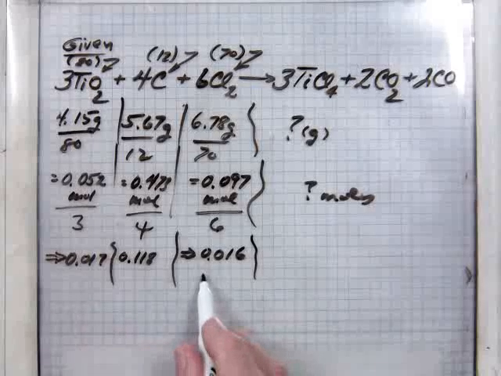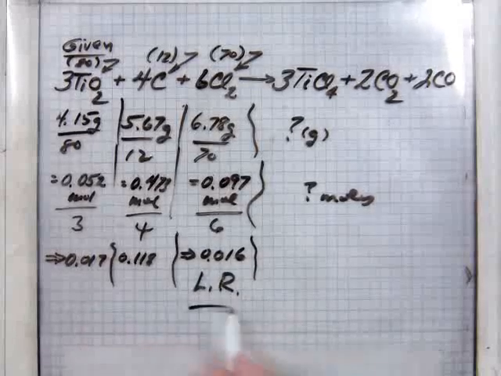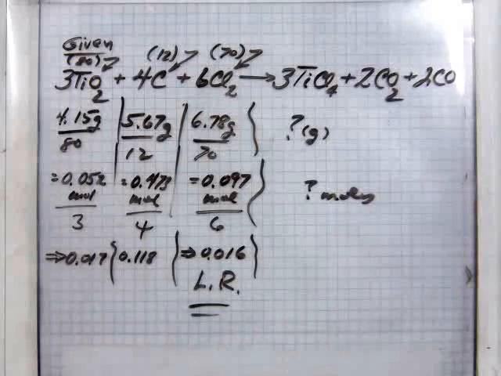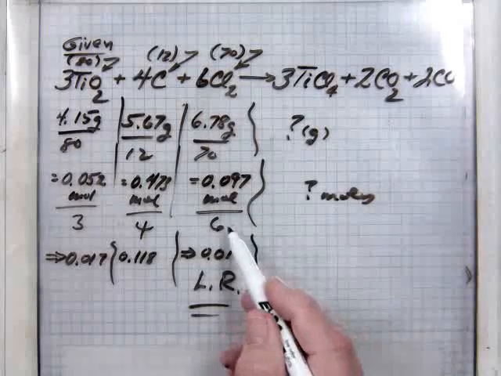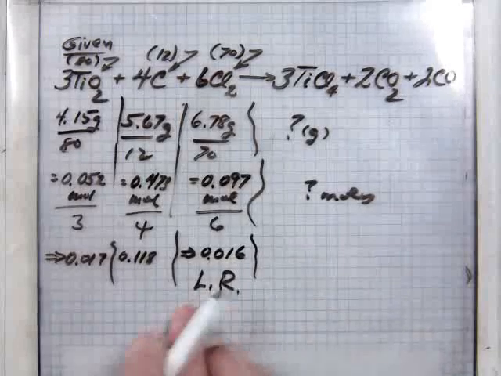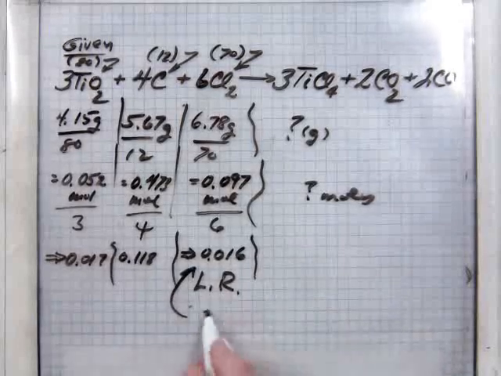Okay, well, this looks like the limiting reagent right here. And when we divide by the respective coefficients, this one is, again, the smallest.